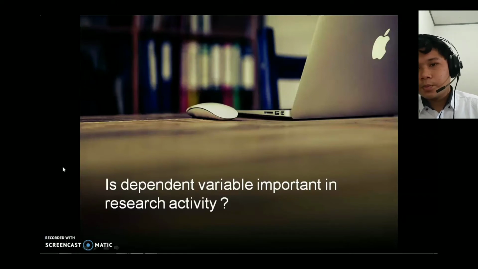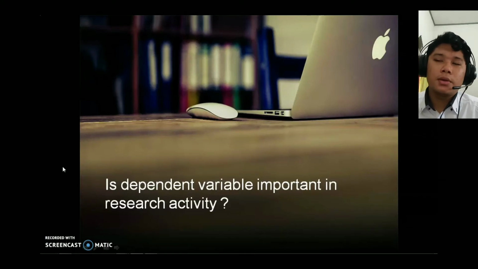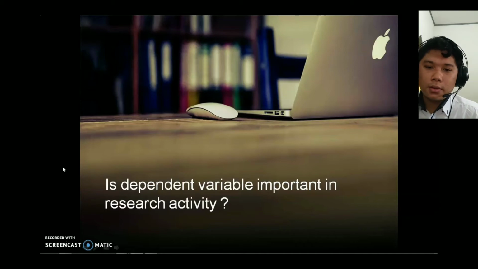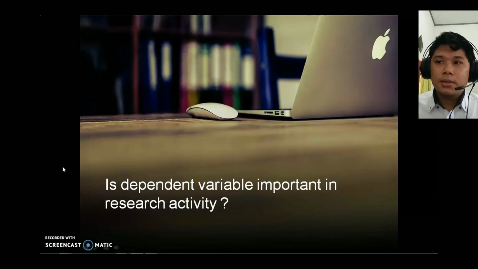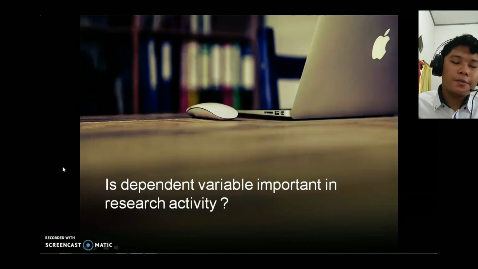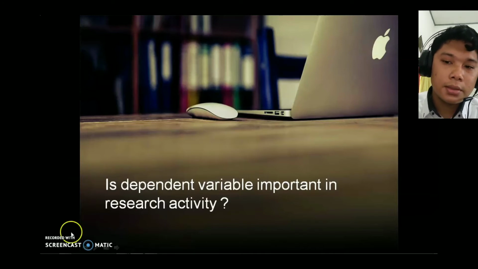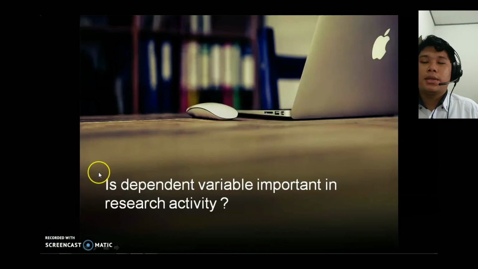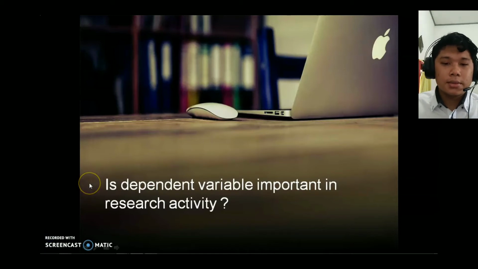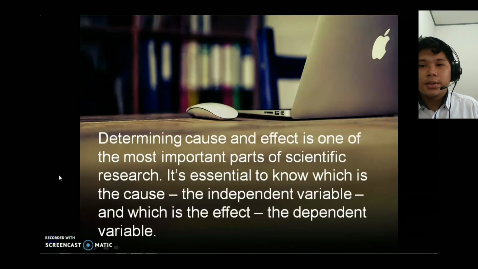We have talked about dependent variables quite a lot. But is dependent variable really important in research activity? The answer is yes, it is that important. Why?